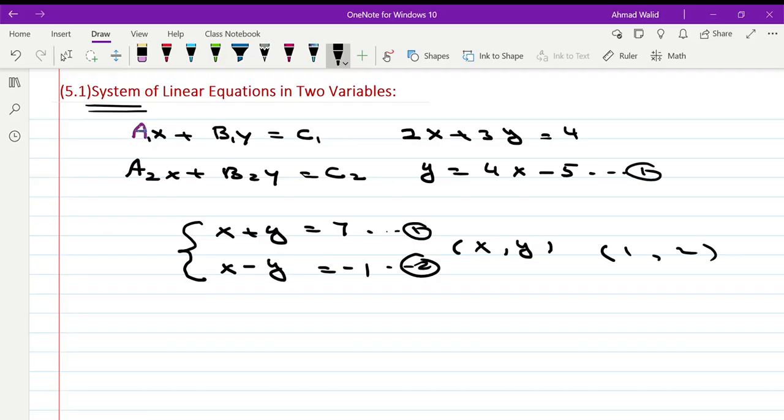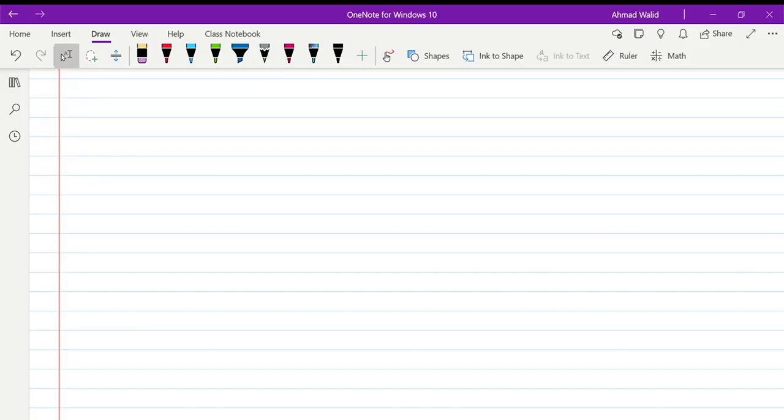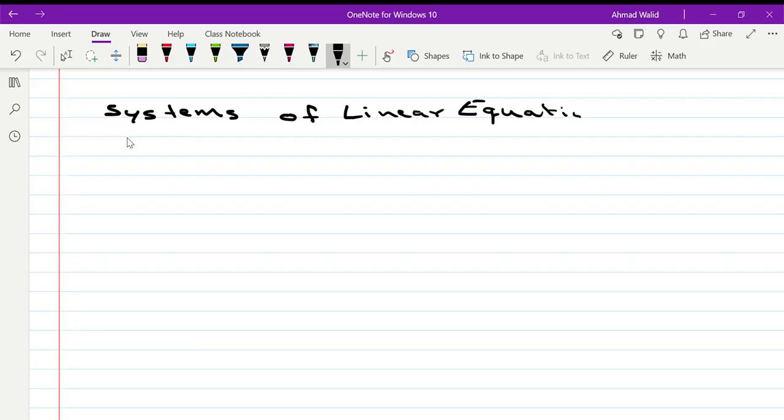Now, let's start our lecture on solving systems of linear equations. Let's first talk about systems of linear equations and their solutions.